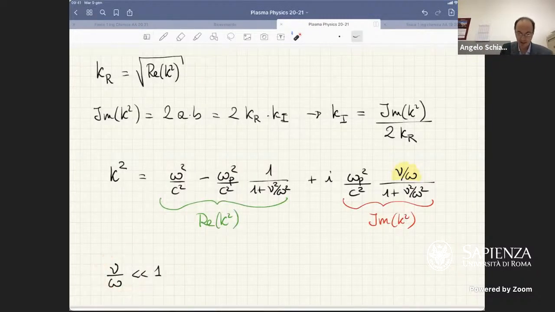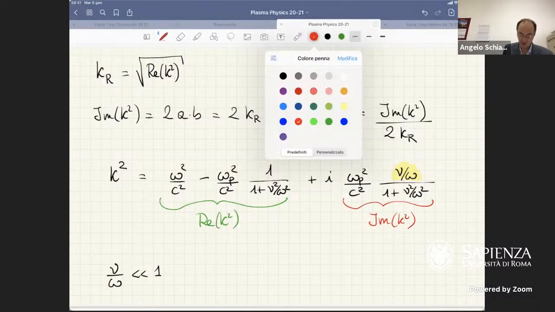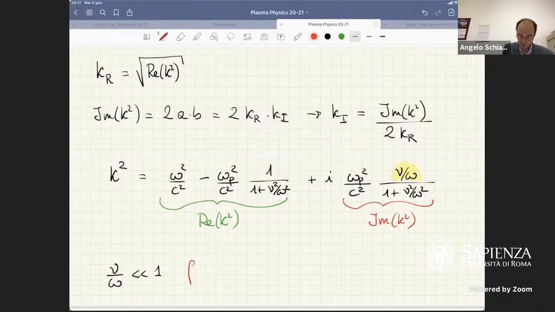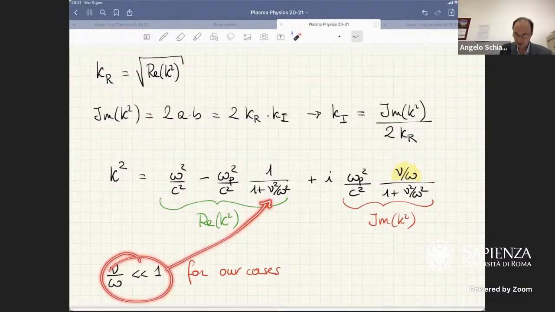By using this approximation, for our cases, it's not always true, but we need a working assumption in order to derive some relation. We see that if this is a small number, it can be neglected with respect to 1.